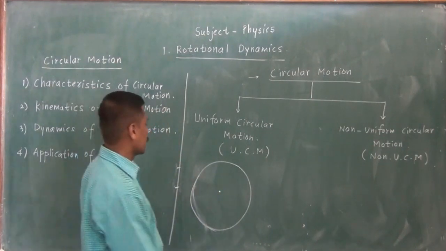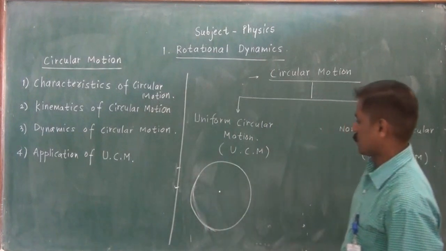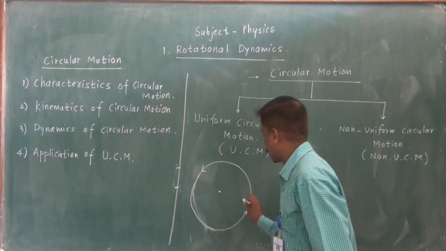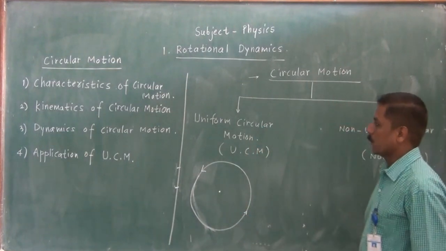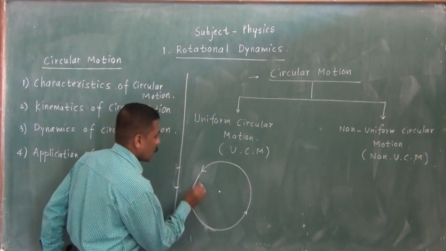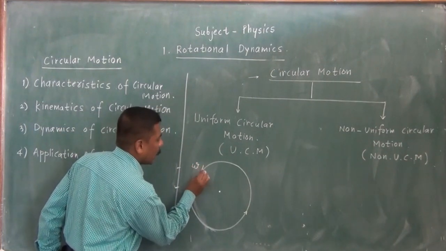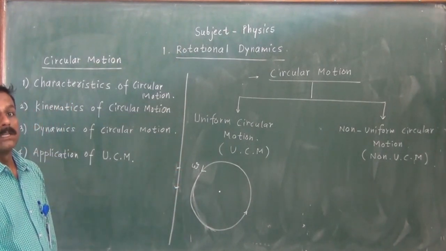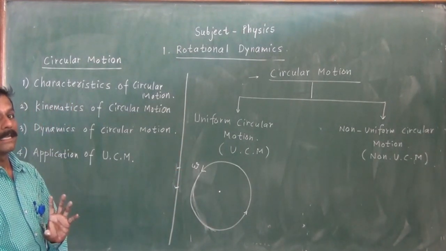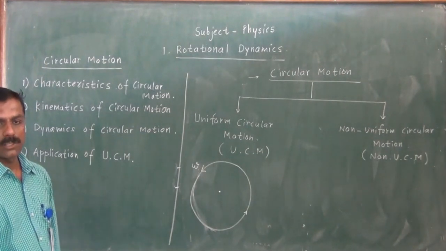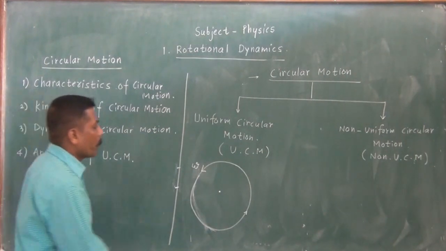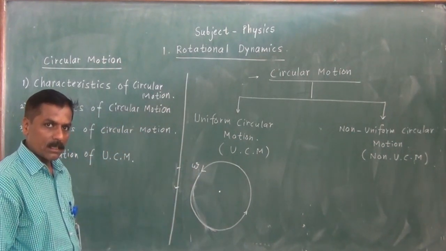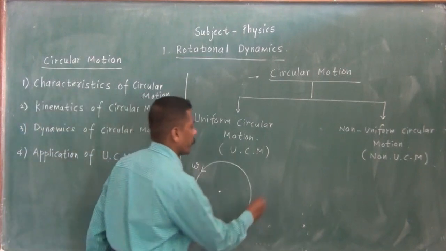Suppose it is moving in the anti-clockwise direction. So in case of the UCM, I will write omega near that. What does this omega indicate? Angular velocity. But it is not taken in vector notation. It is taken as the magnitude of angular velocity. So the magnitude of angular velocity is called the angular speed.